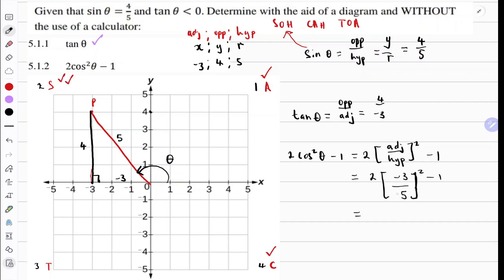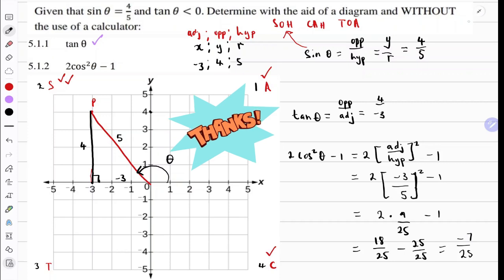So this is equal to 2 times -3 squared is 9 over 5 squared is 25, minus 1, and 2 times 9 is 18, so this is 18 over 25 minus, but 1 can be seen as 25 over 25, and 18 25ths minus 25 25ths is equal to -7 25ths.